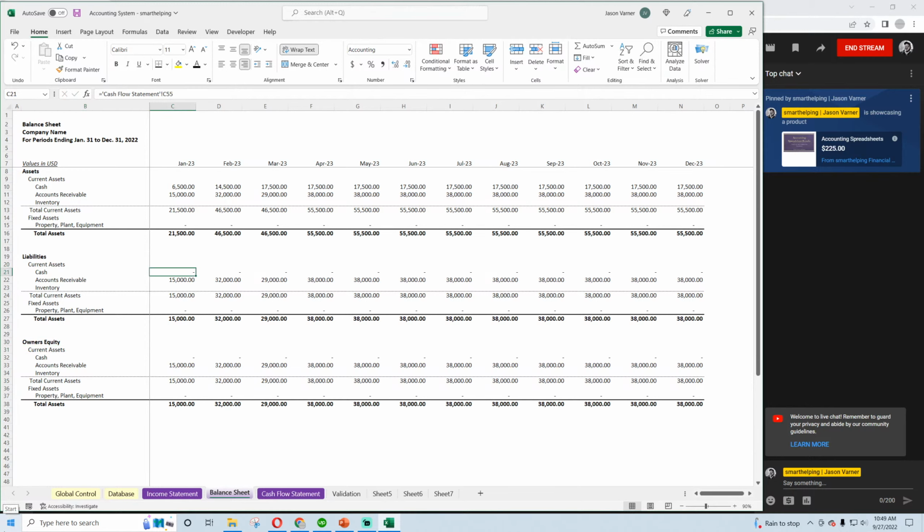So for now, these are all zeroed out. And there's no items yet, but we'll put current liabilities, and those would be accounts payable.